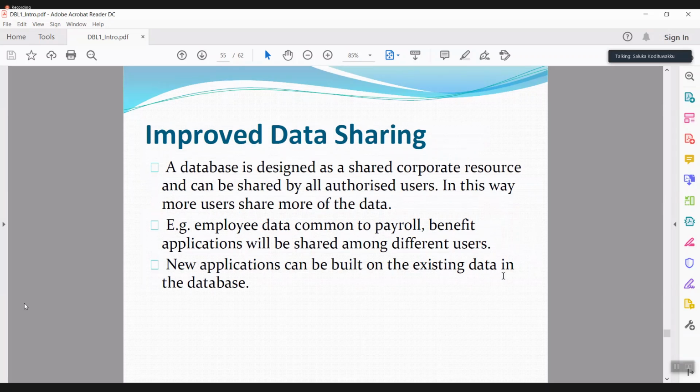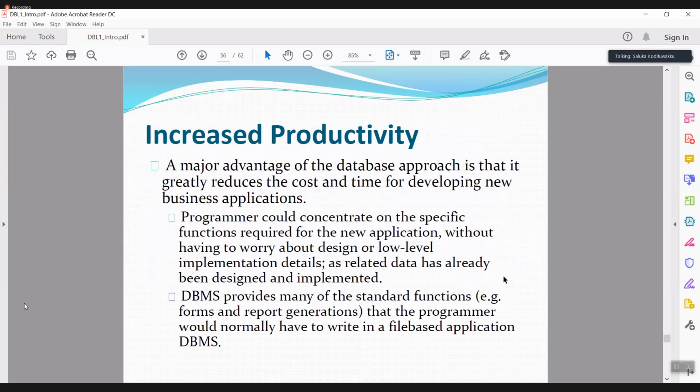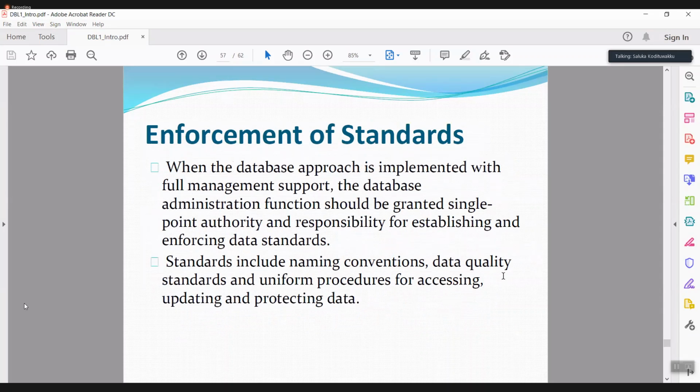And data sharing, that is a pretty straightforward thing. Multiple users can share the content of the database, and we already talked about this, the productivity, by considering that farmers example, enforcement of standards. And because of these standards, nobody has to worry about the content of the database as long as they are not doing unauthorized or unnecessary things, because the database administrators enforce the standards for database sharing.